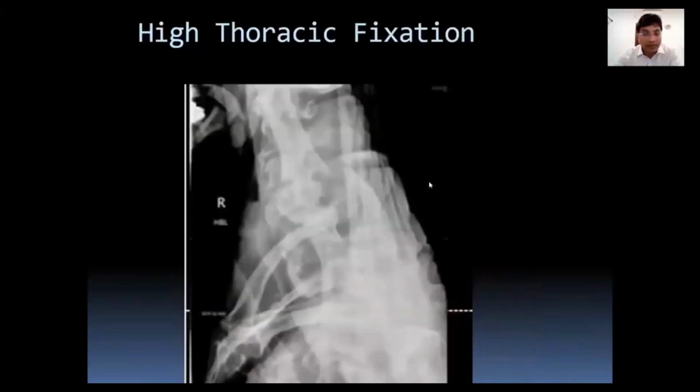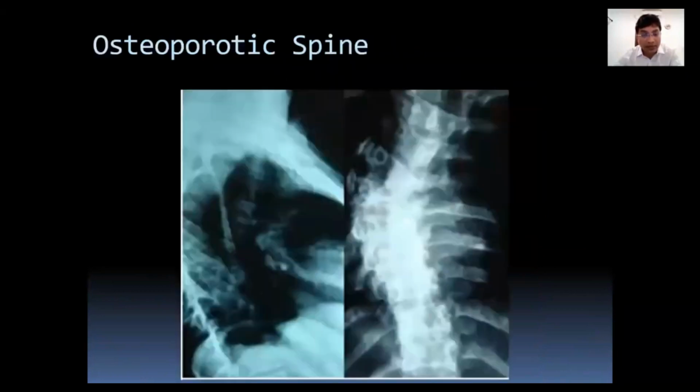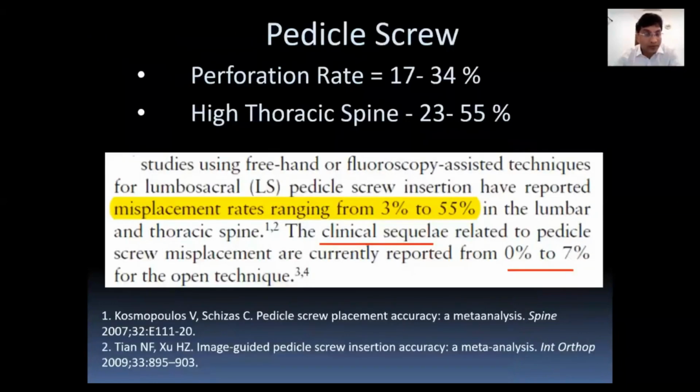This is the high thoracic fixation. The scapula, the shoulder blade, the humerus can come in your way, and this can lead to misplaced screws in the high thoracic vertebra, especially at T2, T3, T4 in scoliosis correction. And osteoporotic spines as well. The visibility is extremely poor in the high thoracic or thoracolumbar junction or in patients with obesity.